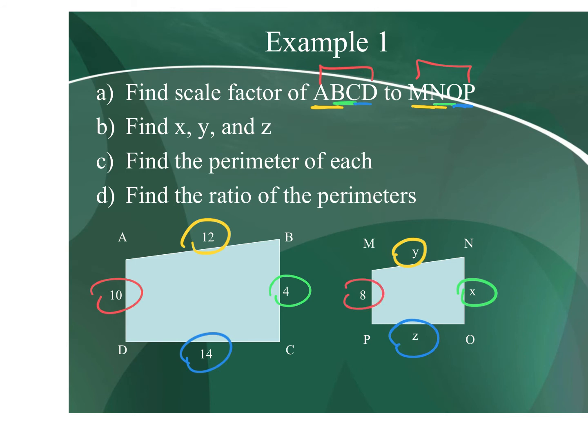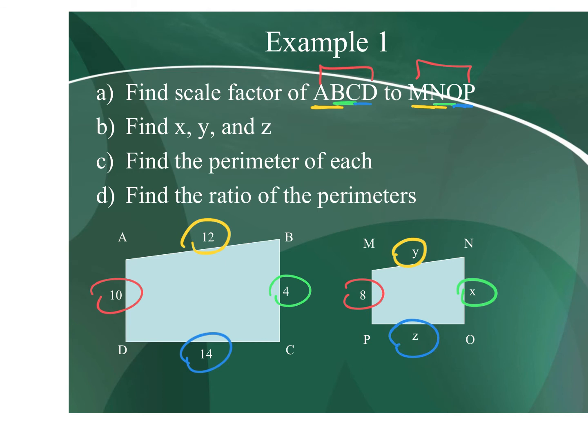So now, to find the scale factor, what I need to do is find the pair that I've just circled that has 2 numbers, not a number and a letter. So that would have been the red one. Now, again, when you want to find the scale factor, we're trying to figure out what did we multiply the larger one, in this case, to get to the smaller one.